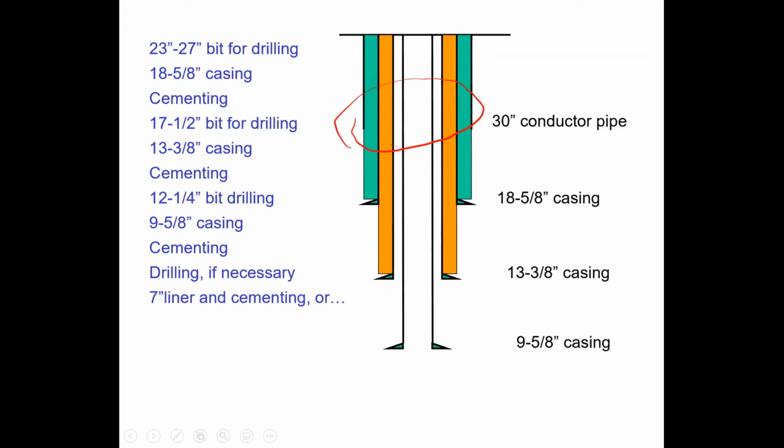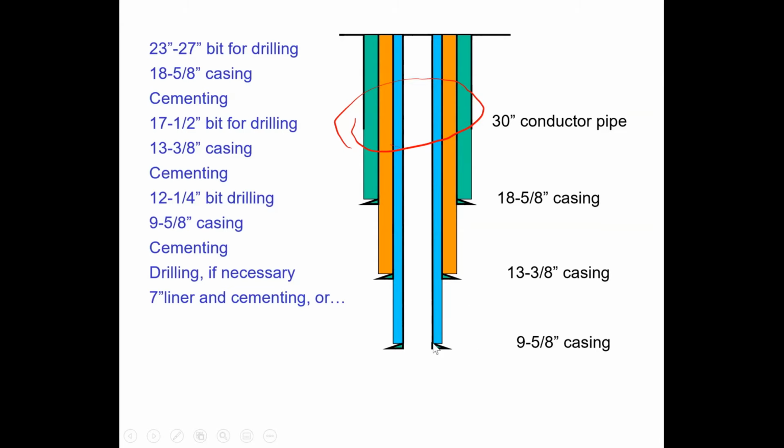Then we enter the well with a 12.25 bit and drill and cement it. Now this is the reservoir section.